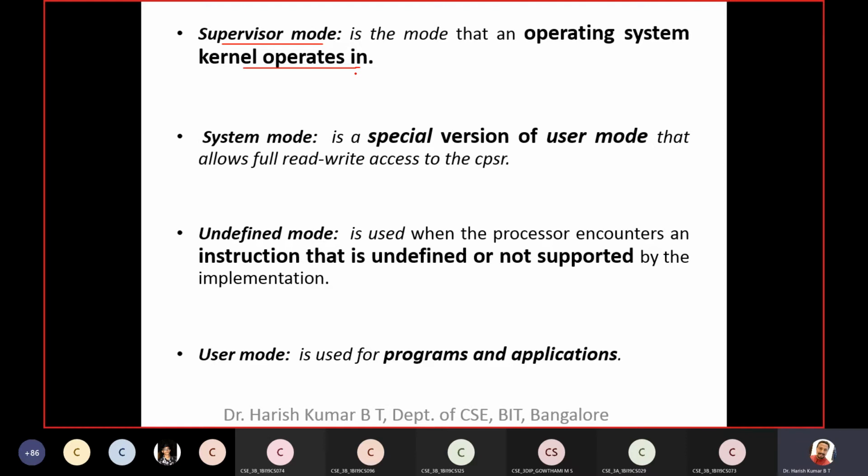Kernel resources are the routines, subroutines or functions present inside the kernel. To access those, the mode should be changed from the user mode to the supervisory mode. Correct, right? Yes or no?